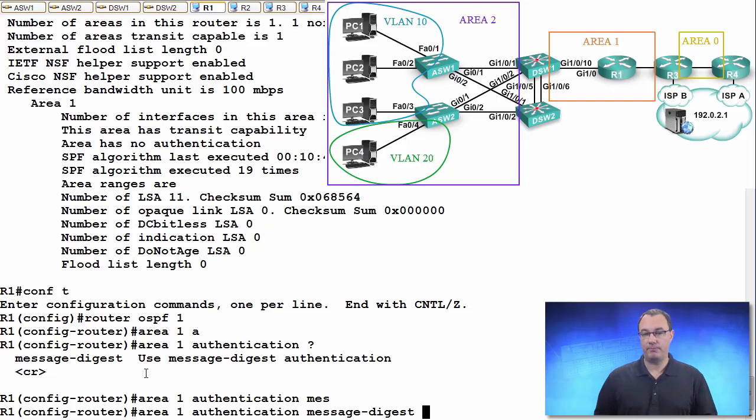Now, the problem is we don't set the key here. We would go to the interface. So you could find yourself being misled by a confusing config.